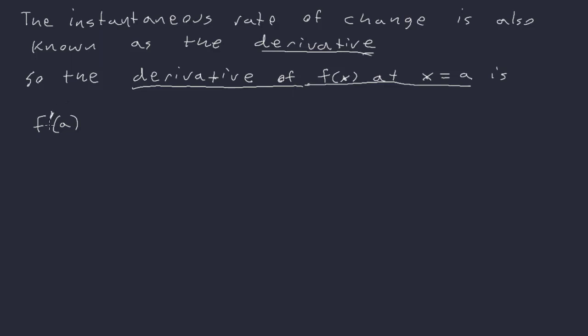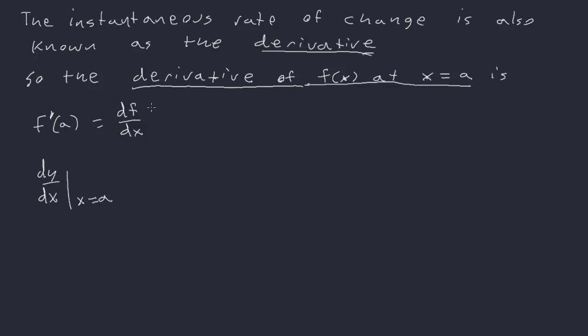We'll talk a little later about why we use this particular notation, but it's f prime of a, or it's also df over dx, or dy over dx, at x equals a.